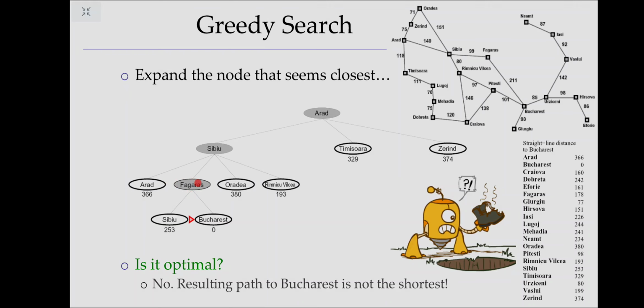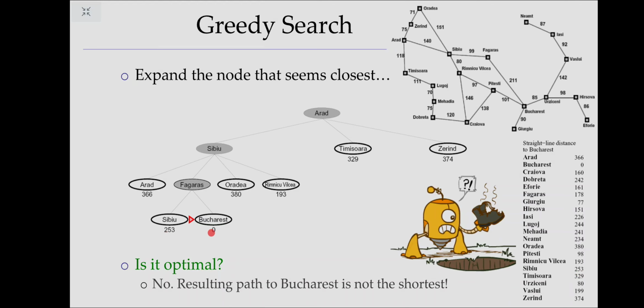Again, we expand the Fagaras neighbors. The Fagaras neighbors are again Sibiu and Bucharest. We come back to the heuristic table. The Bucharest label is 0 and Sibiu has 253.